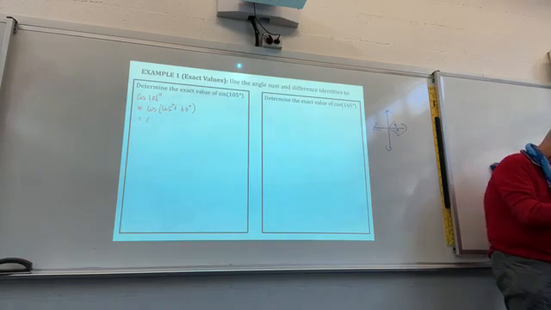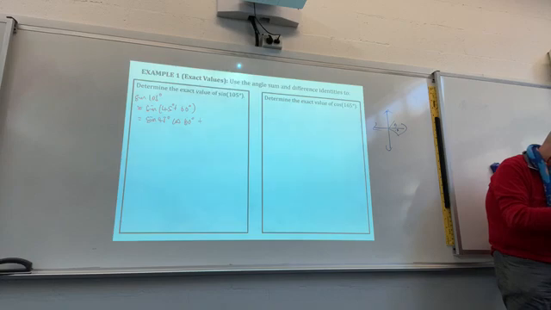So that will be cos 45 cos 60 minus sine 45 sine 60. Oh, it's sine, not cos, my fault. Thank you. So it's cos 45 degrees cos 60 degrees minus sine 45 degrees sine 60 degrees.